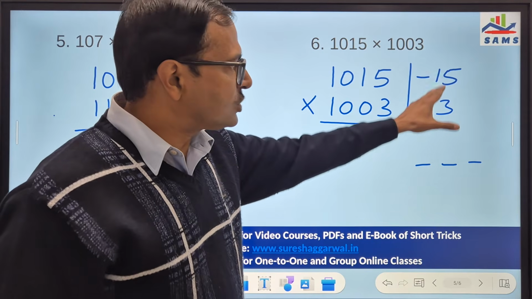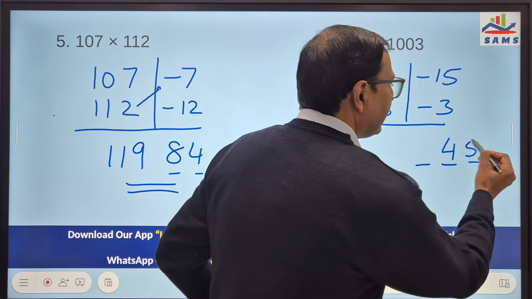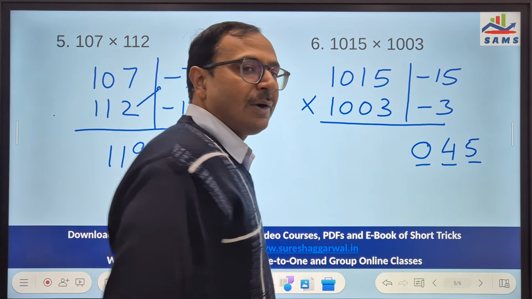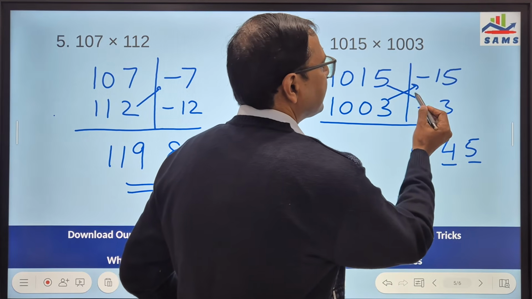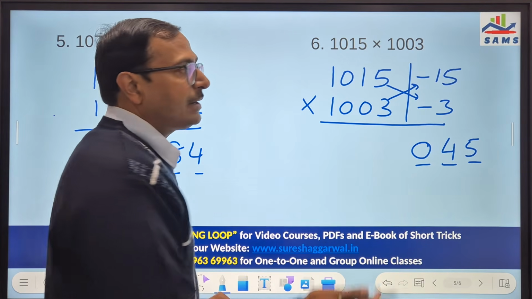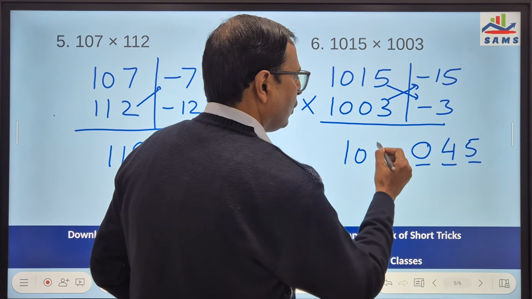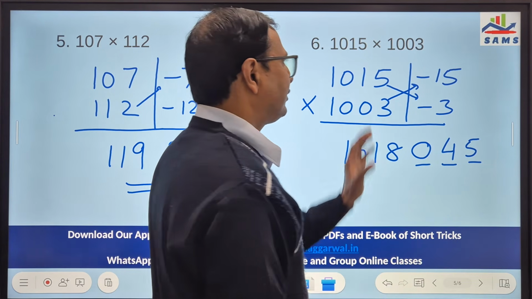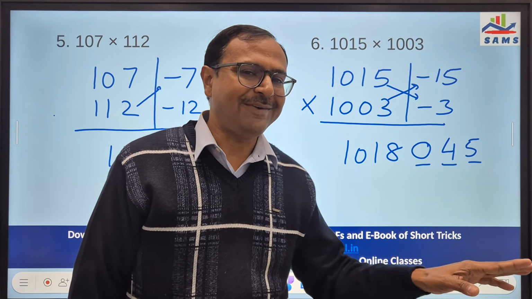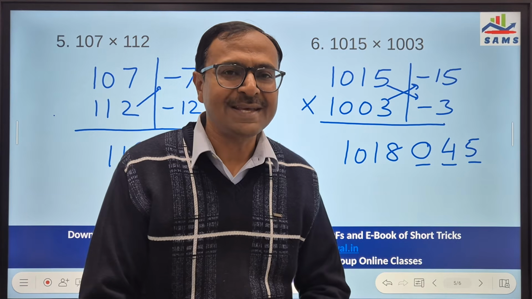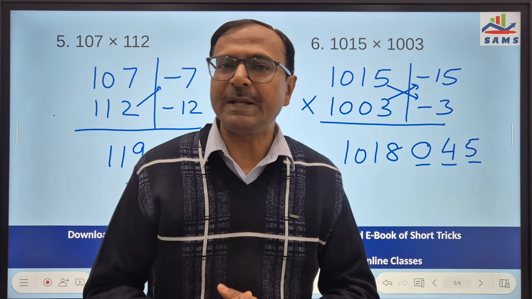When you multiply these two, you get positive 45, and positive 45 is to be written here prefixed by a 0. This is the important part. And once you subtract like this or subtract like this, you get the remaining part. 1015 plus 3 becomes 1018. So the product of these two numbers is 1018045.